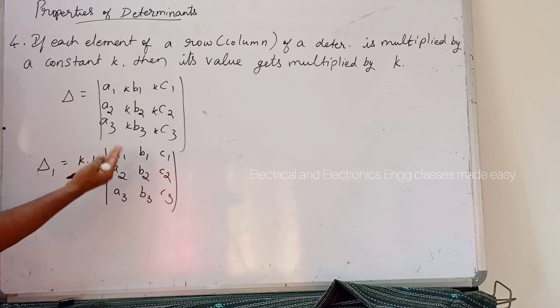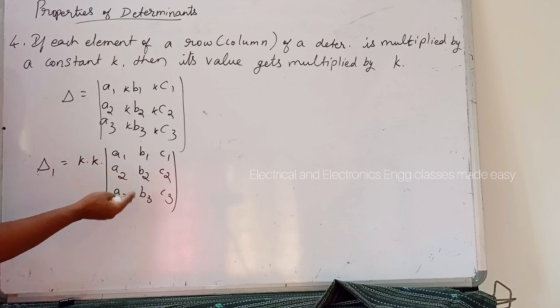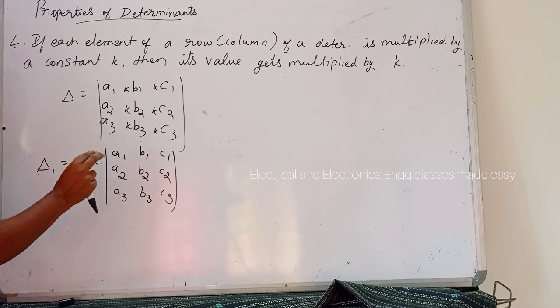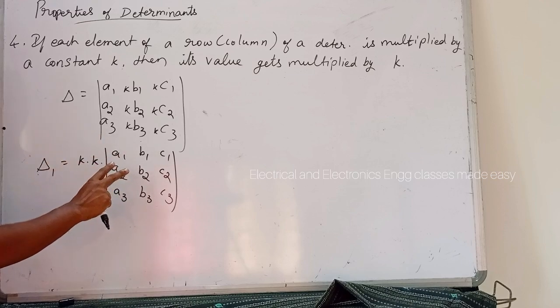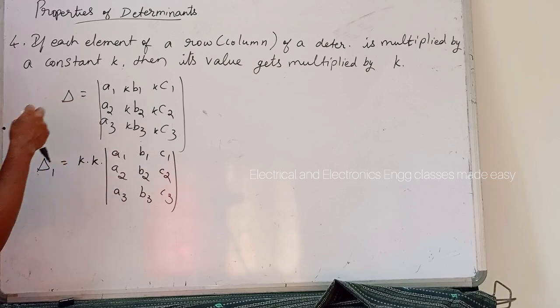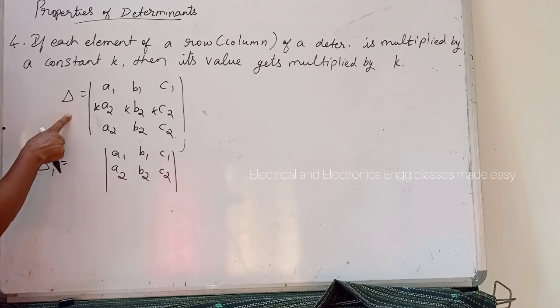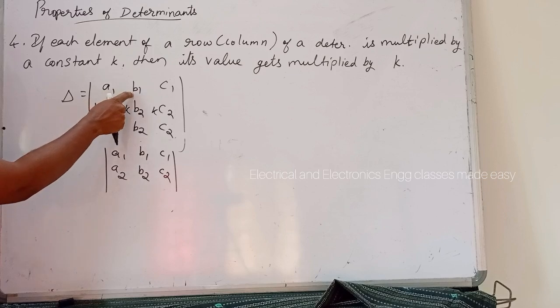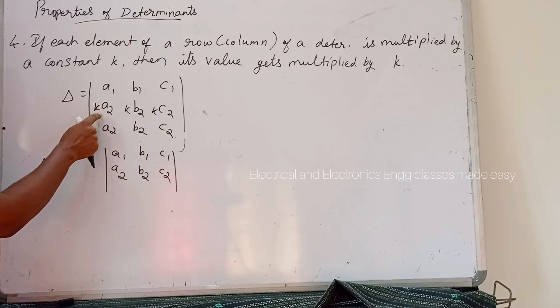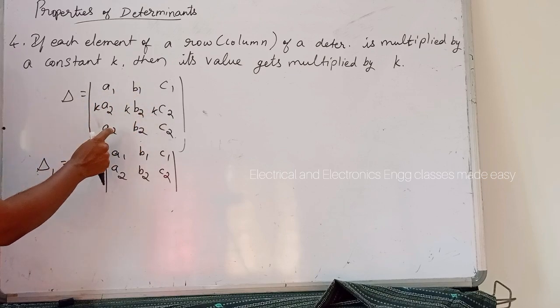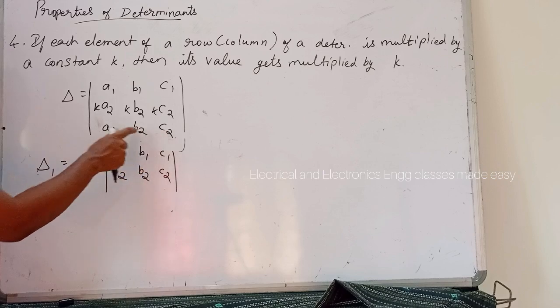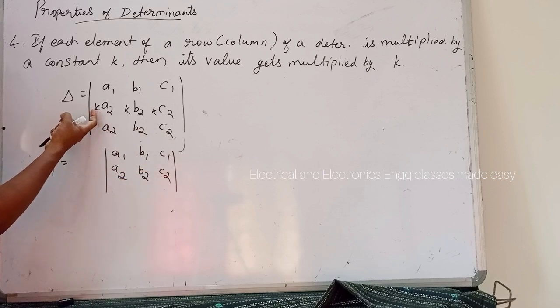Similarly, after taking out such constants from other rows or columns, if any two rows or columns become the same, that is identical, then its value will be 0. For example, let delta be equal to A1 B1 C1, K A2, K B2, K C2, A2 B2 C2. In this case we can take this k outside.